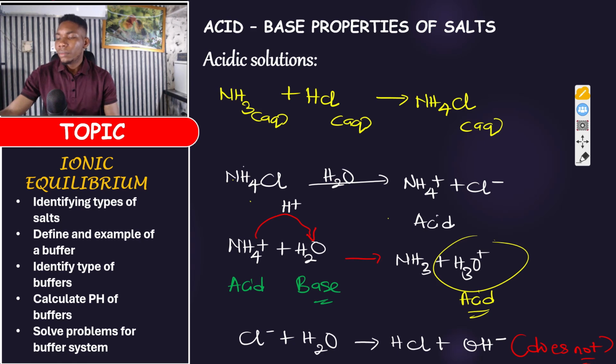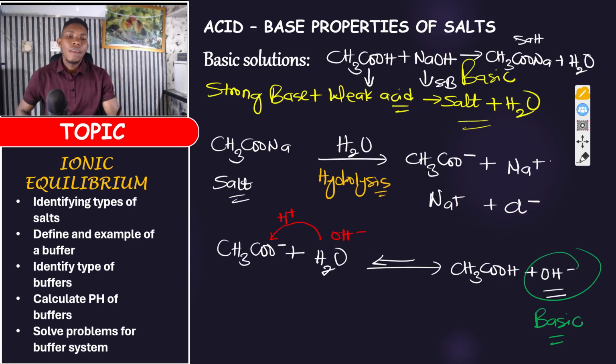Now that we've learned this, the next thing we are going to look at is solutions in which both cations and anions are hydrolyzed. In the cases so far, only one of them is hydrolyzed. In the basic salt case, the anion is hydrolyzed to give us this.